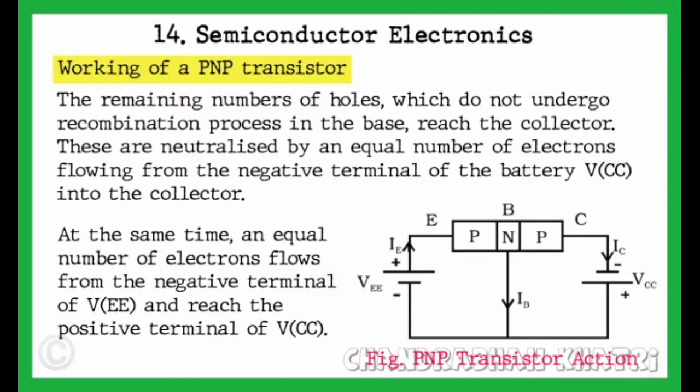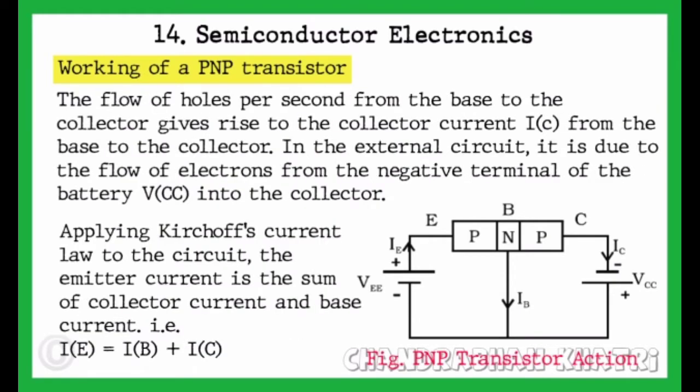These are neutralized by an equal number of electrons flowing from the negative terminal of the battery VCC into the collector. At the same time, an equal number of electrons flows from the negative terminal of VEE and reaches the positive terminal of VCC.